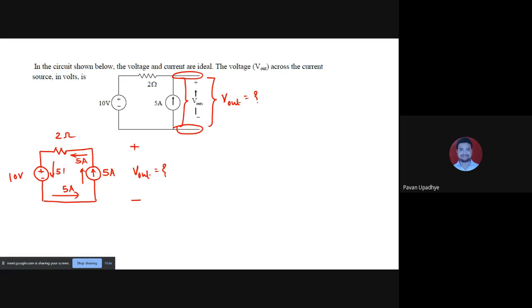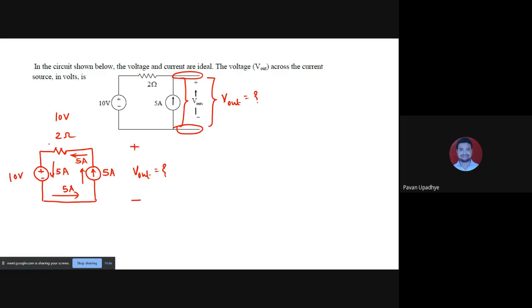So ultimately what it means is, because of the presence of the current source over here, the constant current flowing in the circuit is 5 ampere. So when 5 ampere is flowing in 2 ohm, the potential difference will be 10 volt. 5 into 2 is 10 volt. And current is moving in this direction.